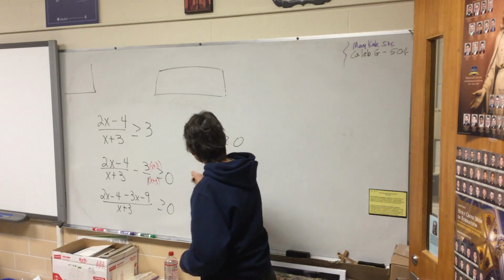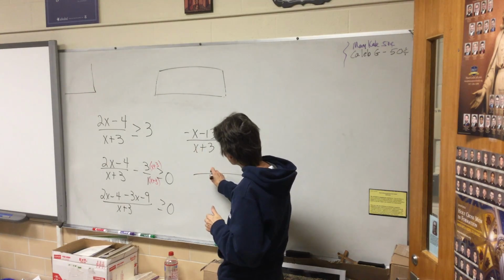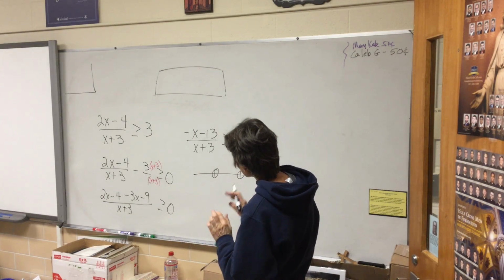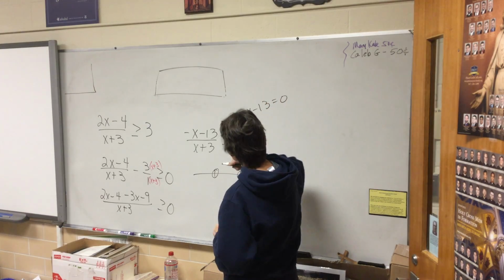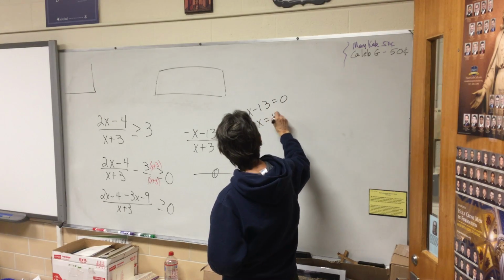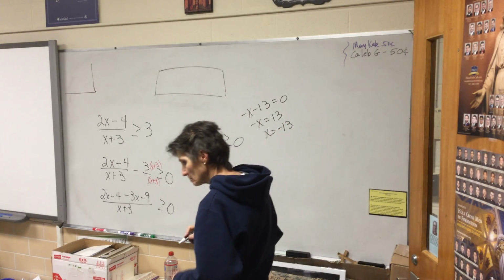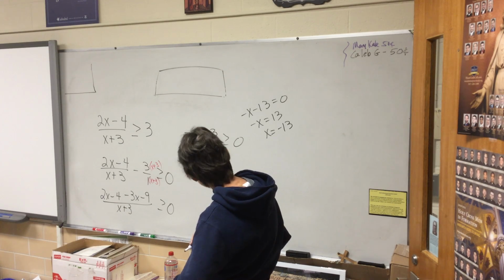At this point, you should be drawing a number line. Yep. And I know I'm going to have a dot at -3. That numerator is tricky though, so I would write it out, set it equal to 0, and I got -13. Did you? Oh no, I messed it up.